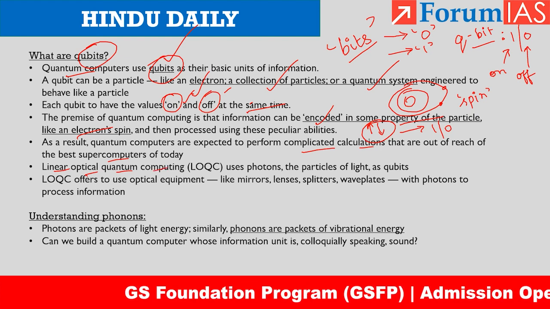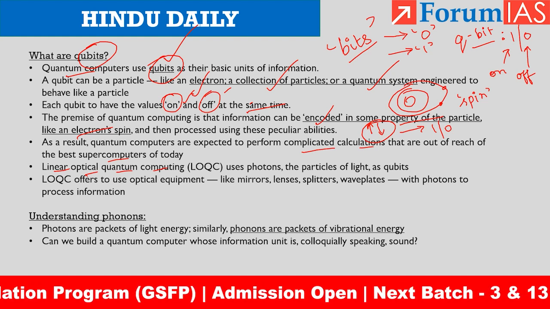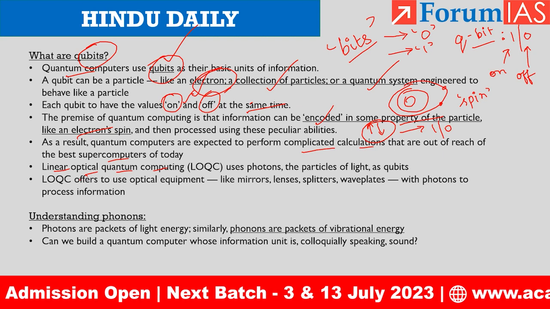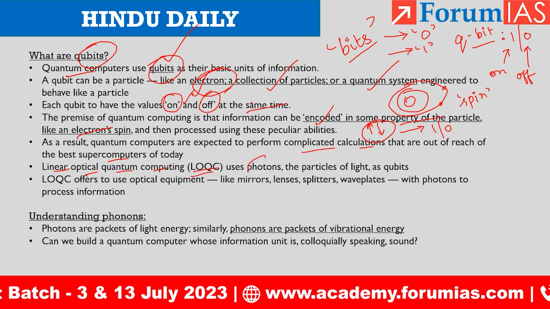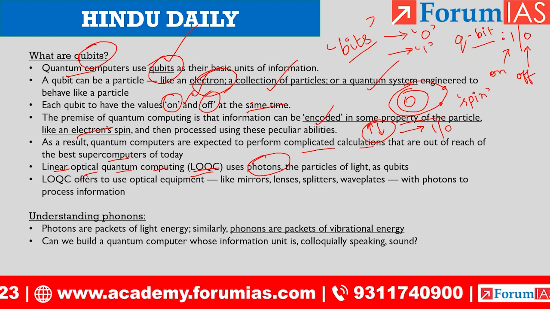So in the previous example, we saw that an electron is being used as a qubit. In this linear optical quantum computing, LOQC, photons, that is the particles of light, are used as qubits.